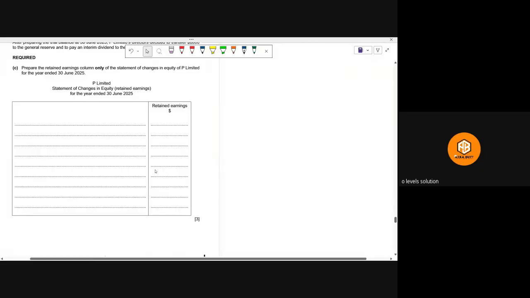So how much is the balance we have? As you can see, we had the balance at the start of the year. It is 46,220. We have to prepare this statement of changes in equity for the 30th. So that's why this is the balance for 2024.